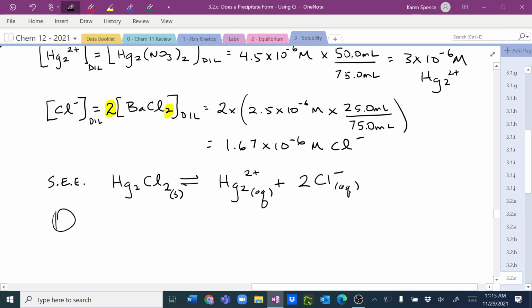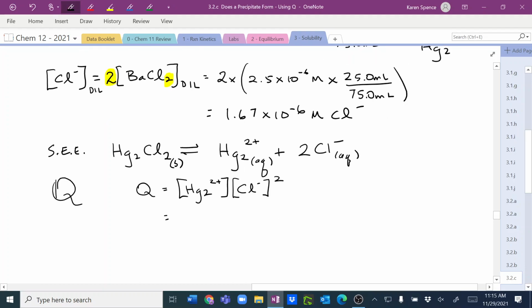Ksp, or Q rather. Q is Hg2 2+ times Cl minus squared, which gives us, let's see, what was our Hg?